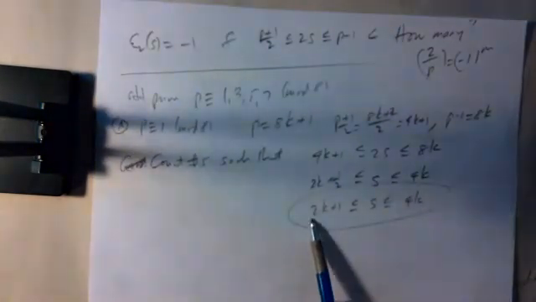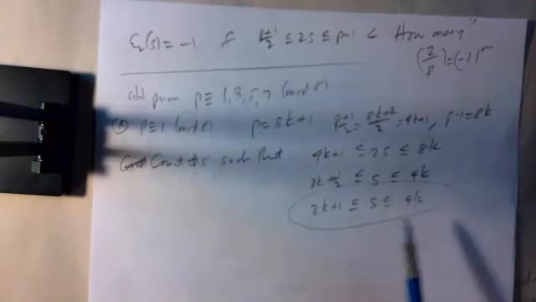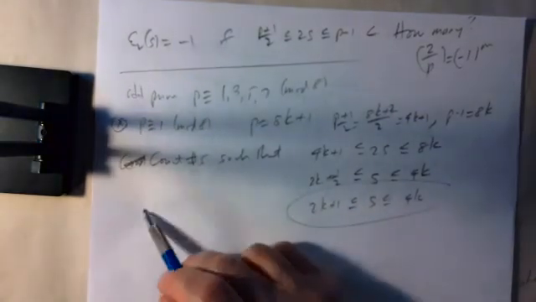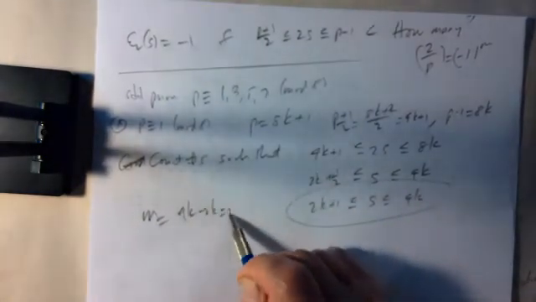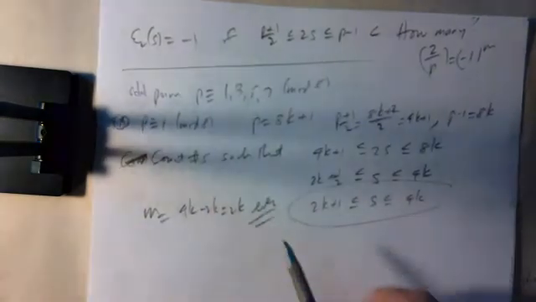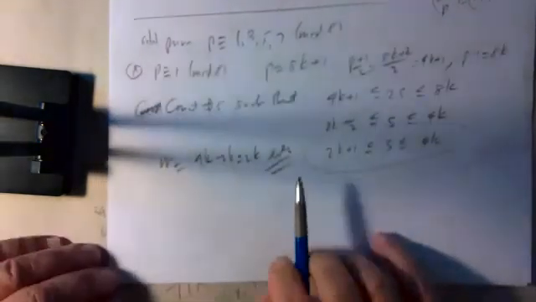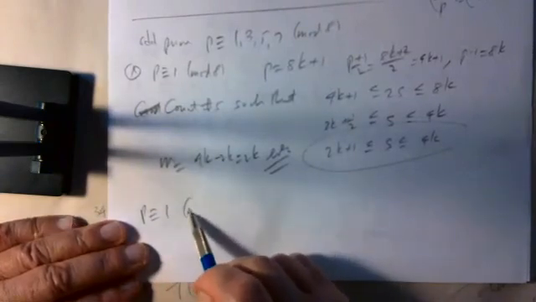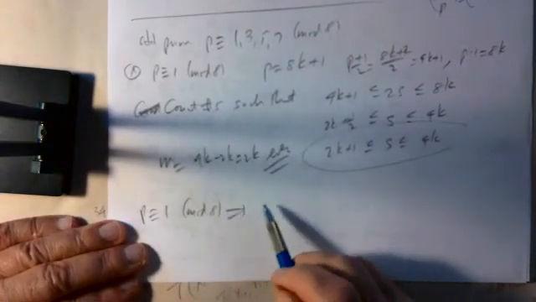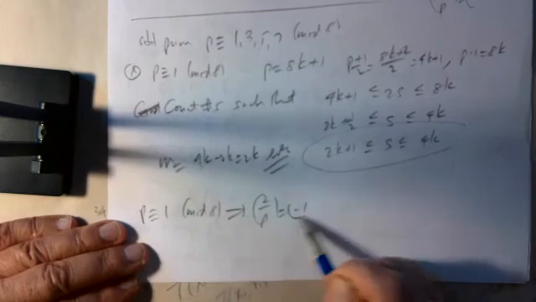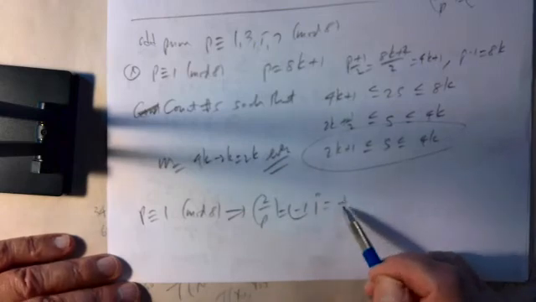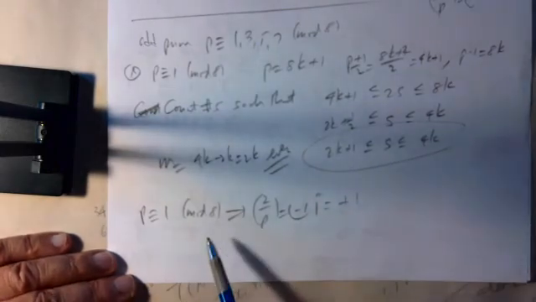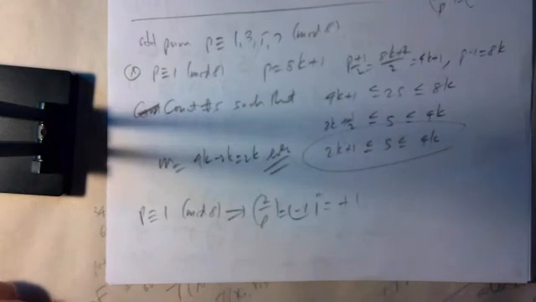And how many integers S are there from 2K plus 1 up to 4K? That number is M. M equals 4K minus 2K, which is 2K, which is even. So if P is congruent to 1 mod 8, then the Legendre symbol (2 over P) is minus 1 to this even power, which is plus 1. So if P is congruent to 1 mod 8, 2 is a quadratic residue mod P.